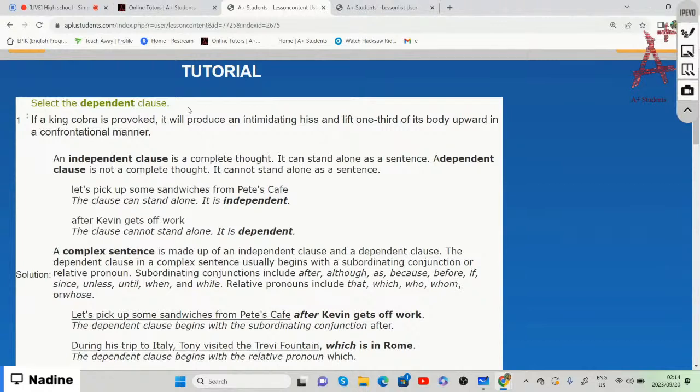And it can also stand alone as a sentence, meaning that it has a subject and it has a verb, a complete thought. A dependent clause is not a complete thought, and it cannot stand alone as a sentence.